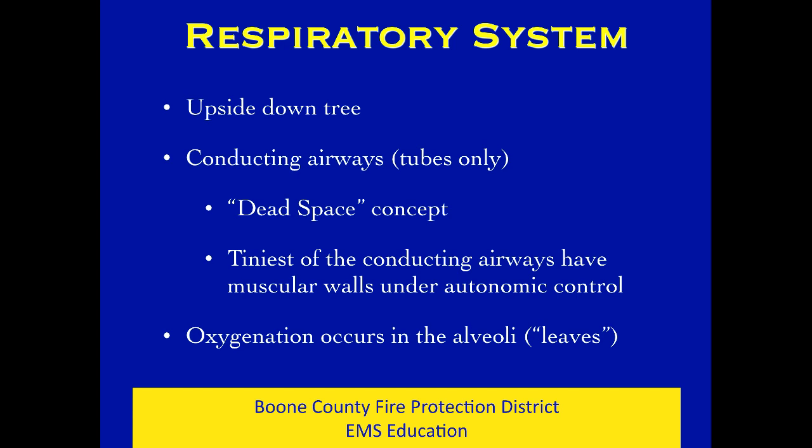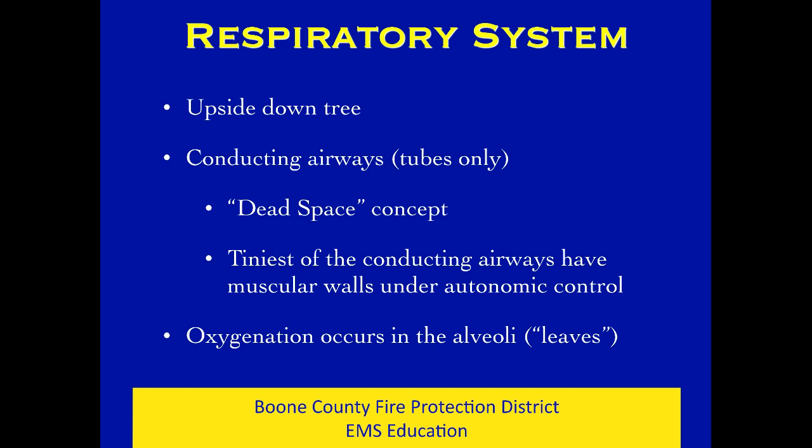And this is pretty much automatic, but sometimes you can have an inappropriate constriction of those conducting airways, and bronchioles in particular. The bronchioles will constrict, and so bronchial constriction can cause obstructions in the lower airway, and that's just kind of a foundational A and P sort of concept.